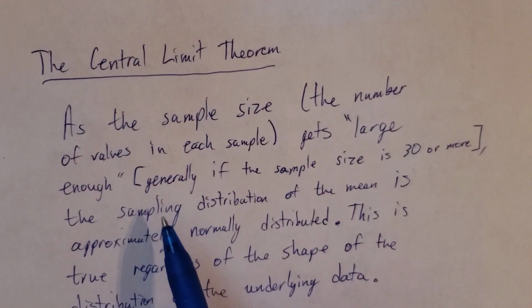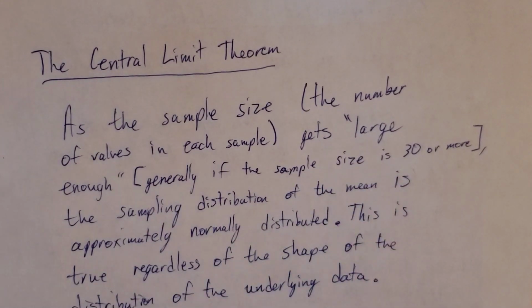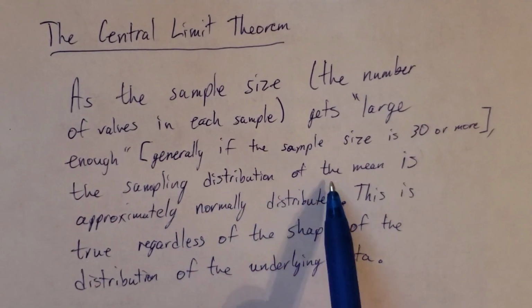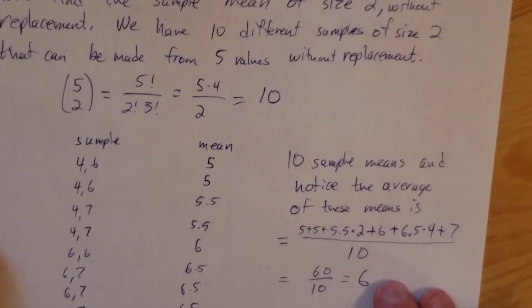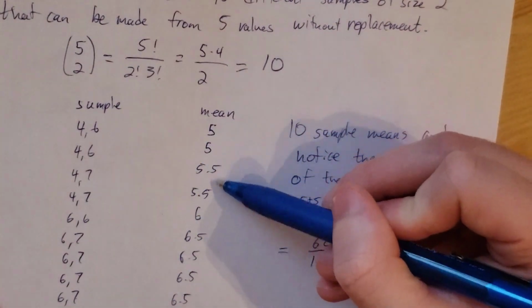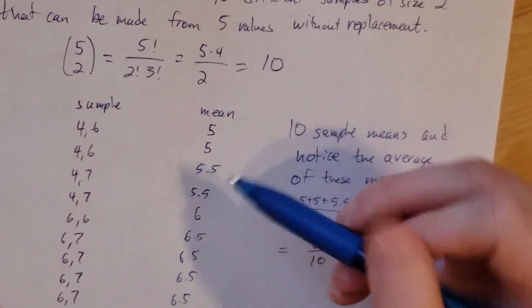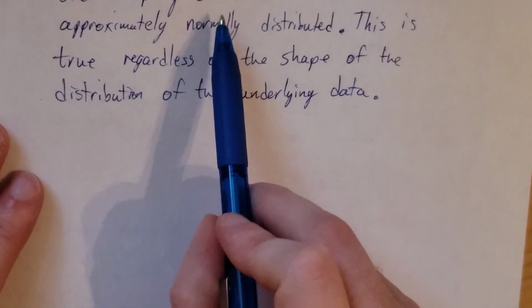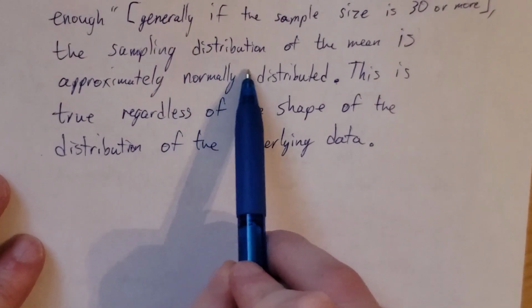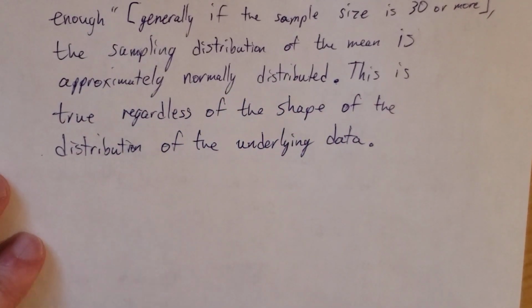Generally, that means a sample size of 30 or more, then the sampling distribution of the mean, so what is that? That is all of these values. So this is our sampling distribution here, those 10 values, is approximately normally distributed.